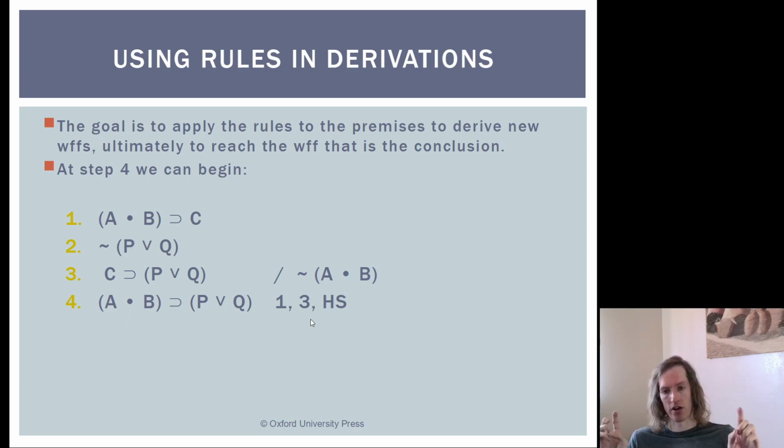In addition to this, it's very important that you only ever apply one rule each time you add a new line. This is going to be really annoying, maybe, and it might be tedious, but the point of a proof is to show concretely exactly how to get from the premises without any skipped steps to the conclusion.